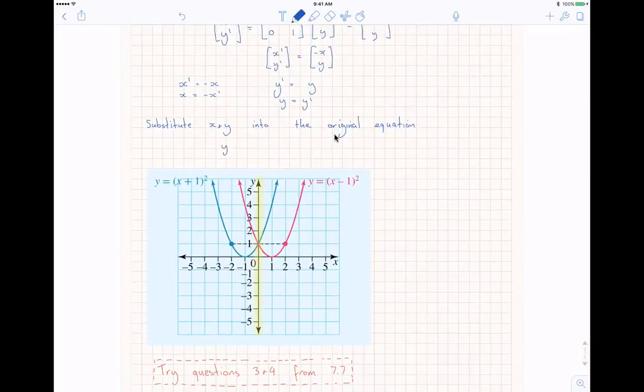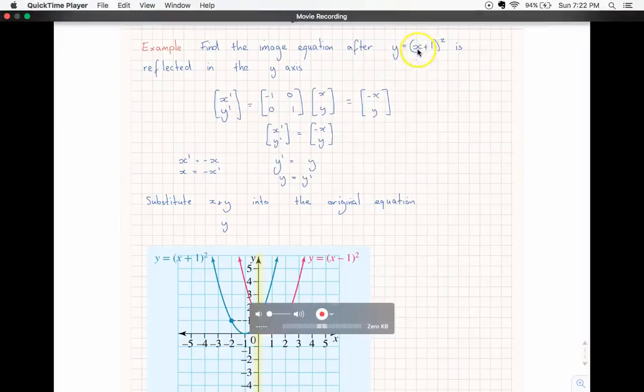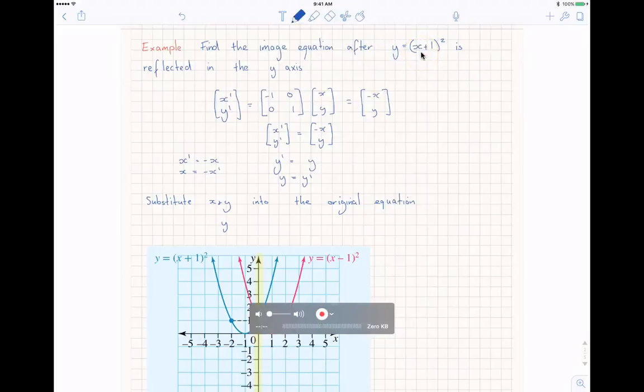So we end up with y' when we substitute in for this y, and we're going to substitute in minus x' for this x. And that's actually just the same as writing what they did down here.